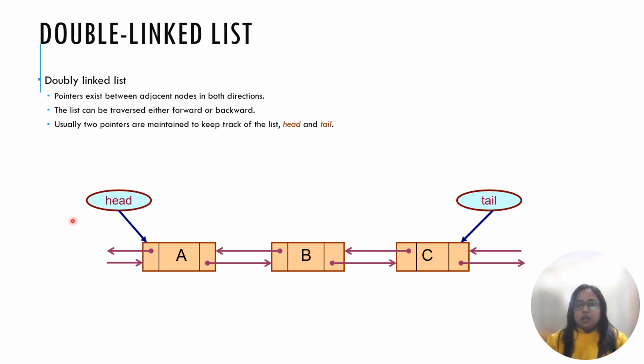Here, tail is optional. You can take a tail, but it is not mandatory that the last node be pointed to by a tail. But head is mandatory, because whenever we traverse the list, we need the head pointer, since head will point to the first node itself every time.